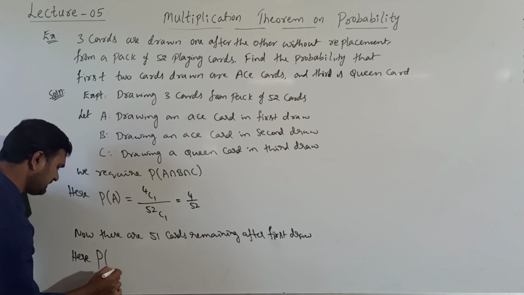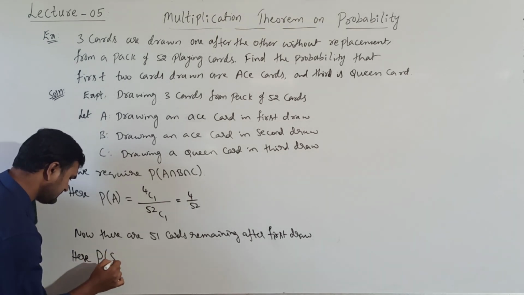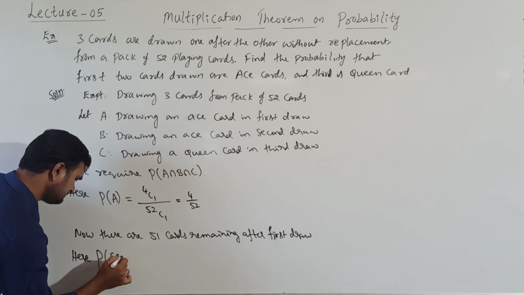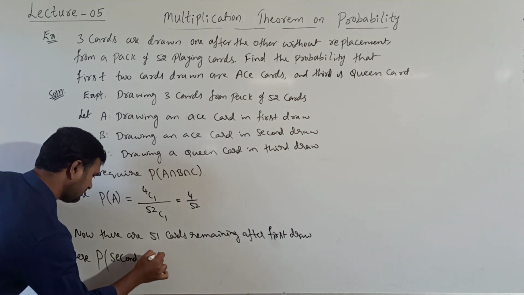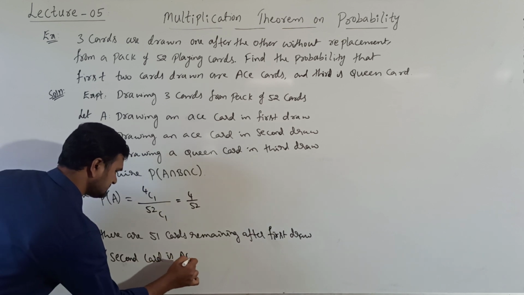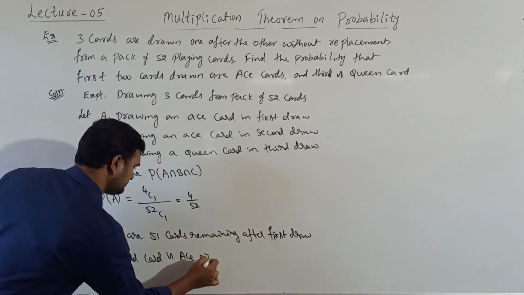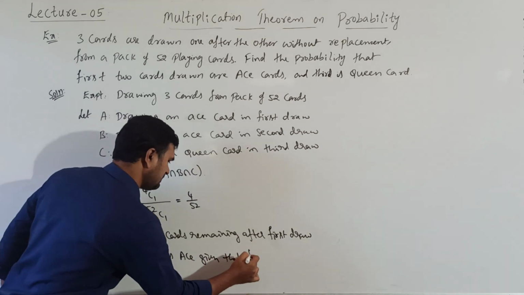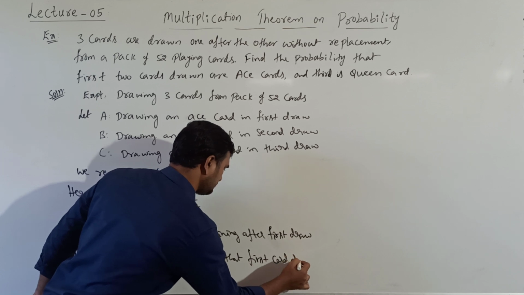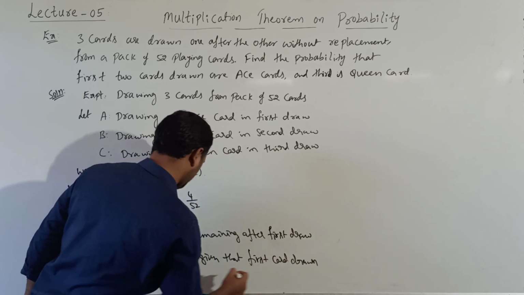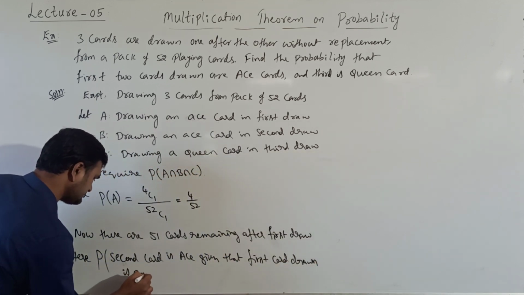So now, what is the probability that the second card is an ace, given that the first card drawn is an ace?